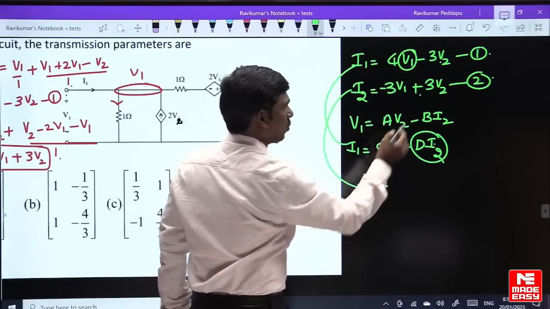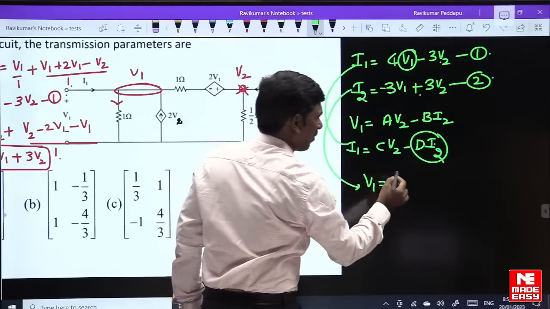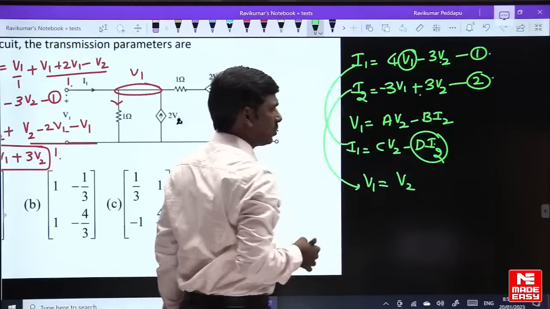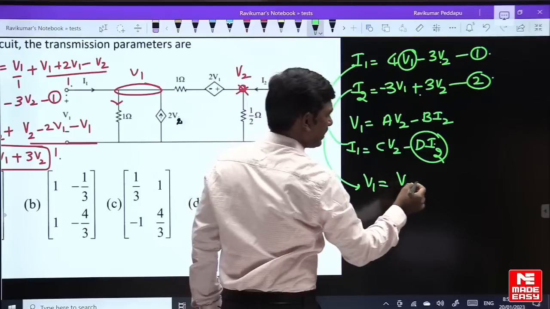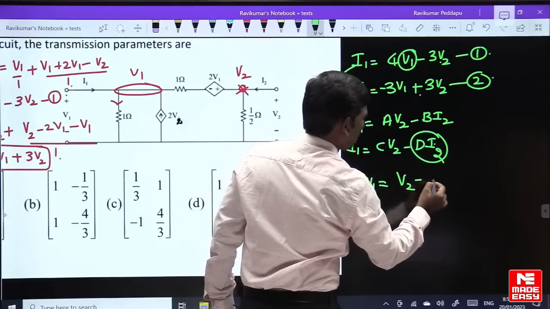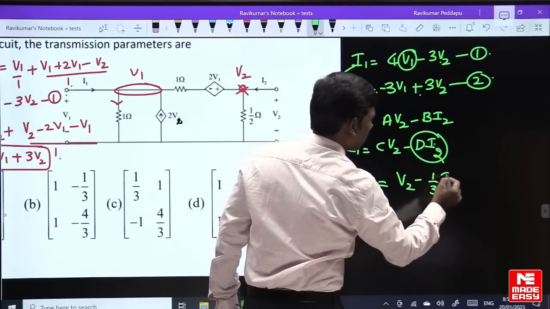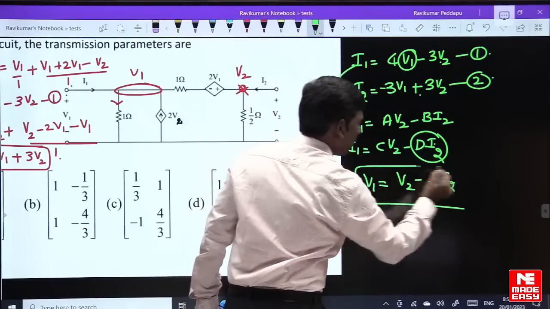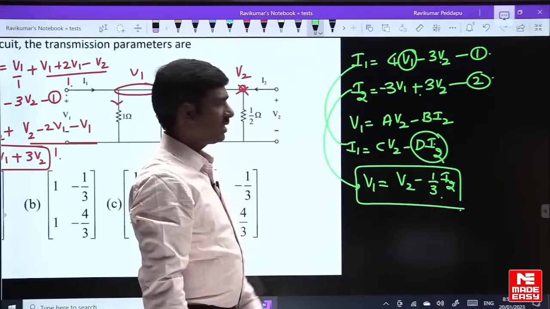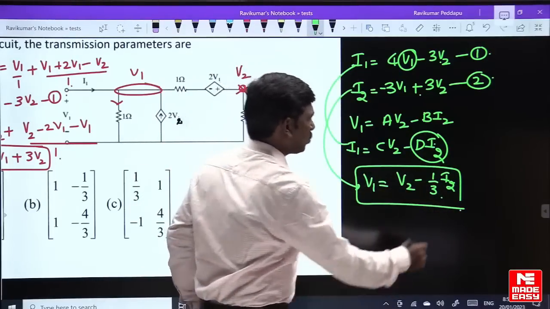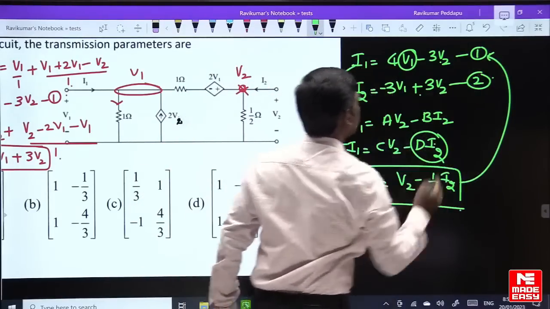So V1 is equal to, 3 by 3 is V2, so V2 minus 1 by 3 I2. Now substitute in the first equation.